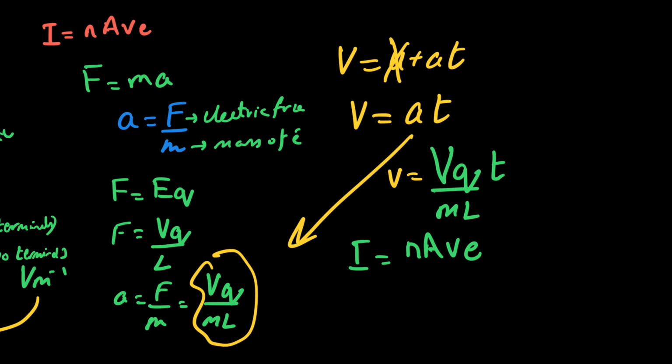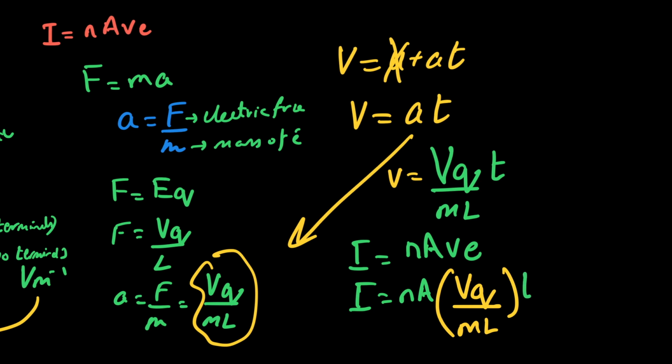So, when you pick it up and plug it here, you will get I is equals to NA. Now I'll put the substitution over here. VQ over ML into T instead of your drift velocity. Right? And after that E. I hope you're with me.